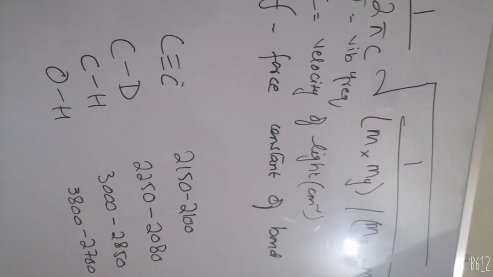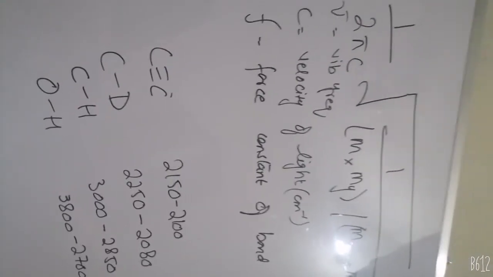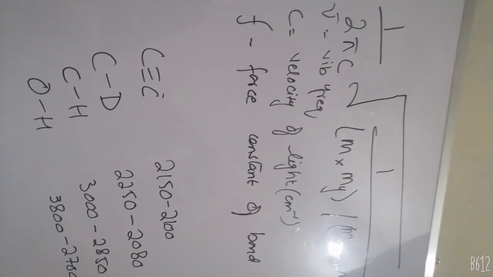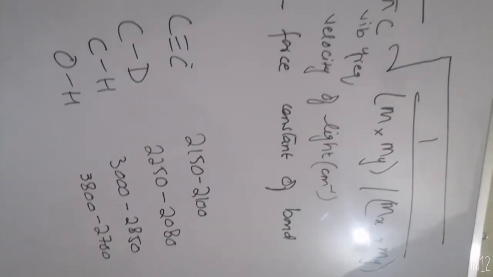Similarly, for carbon triple bond carbon, the observed range is 2100 to 2150, and the calculated value is 2100, which also falls in this observed range.